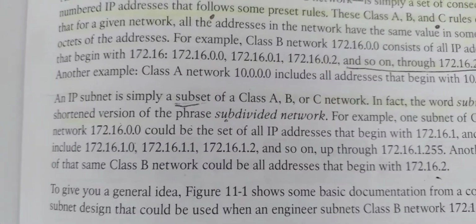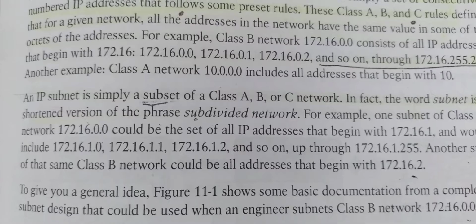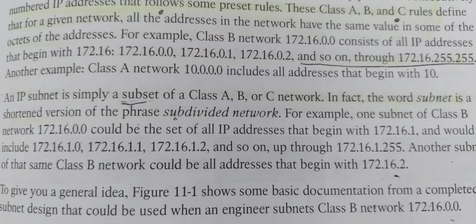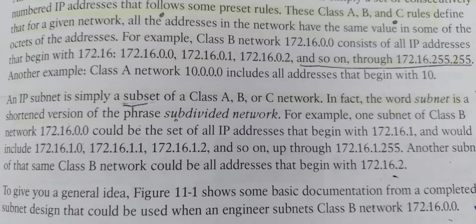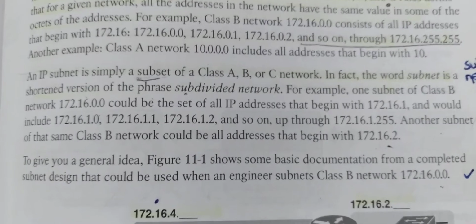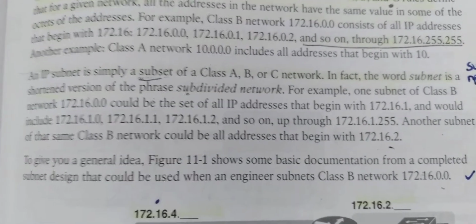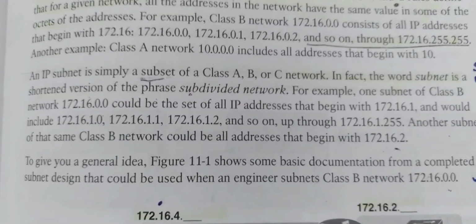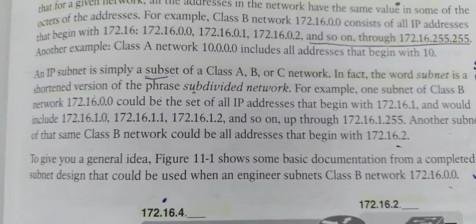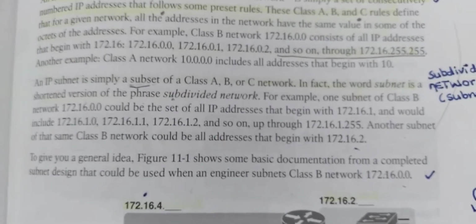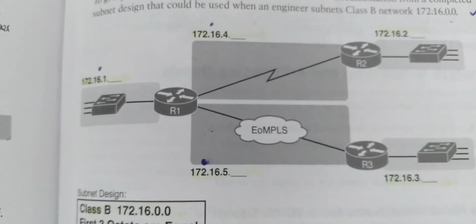Another subnet of that same class network can be all addresses that begin with 172.16.2. To give you a general idea, Figure 11-1 shows some basic documentation from a completed subnet design that can be used when an engineer subnets Class B network 172.16.0.0, as you can see here in the diagram.